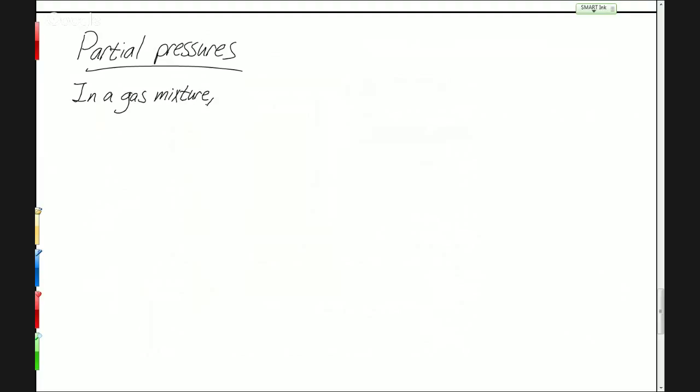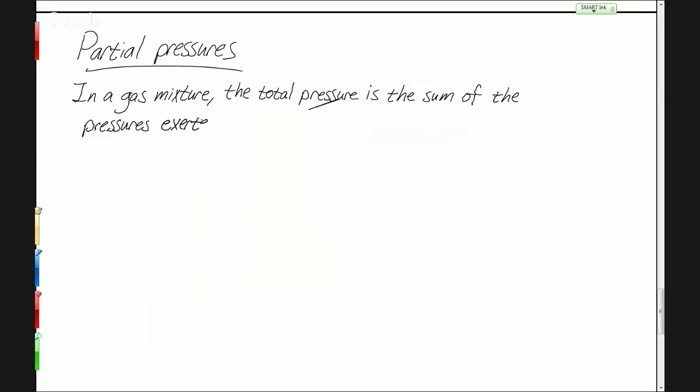So in a gas mixture, the total pressure is the sum of the pressures exerted by each gas. So this is the same as what we've just been talking about.